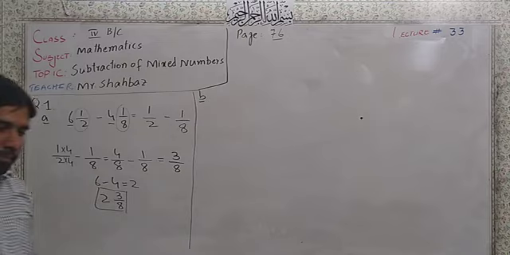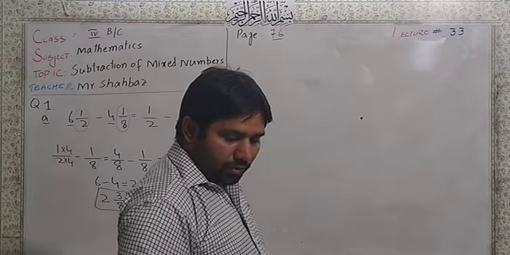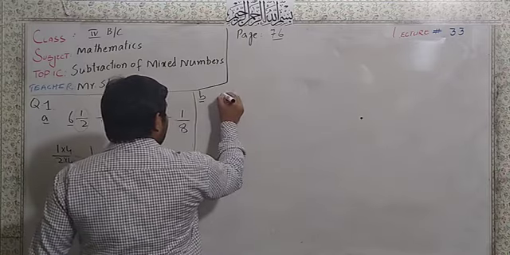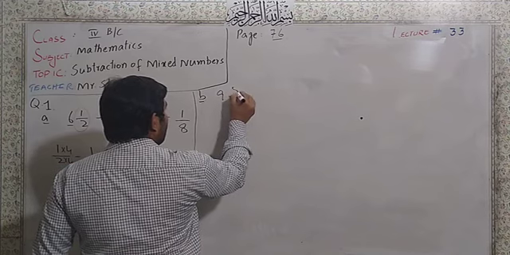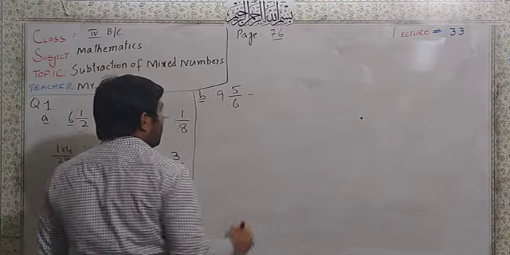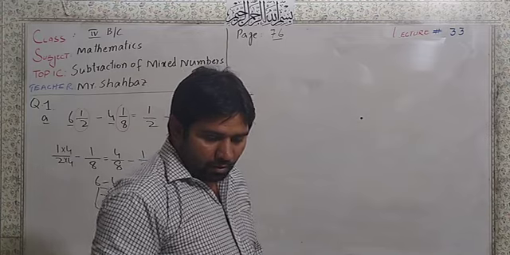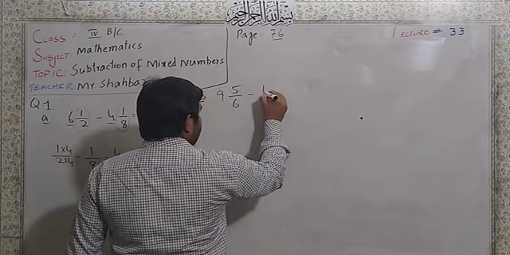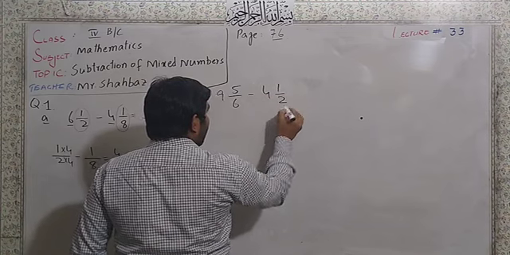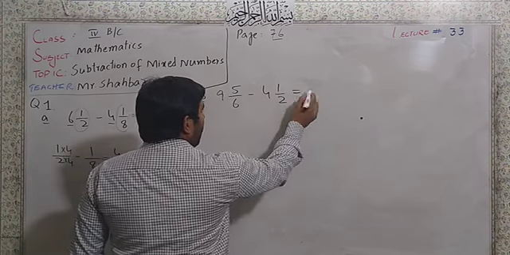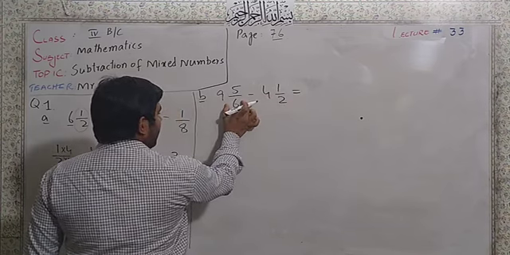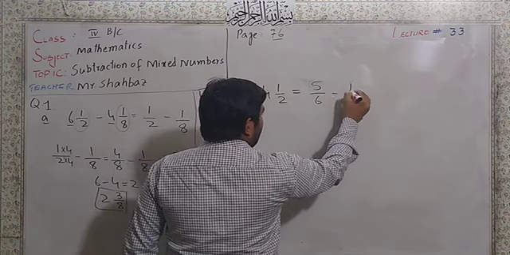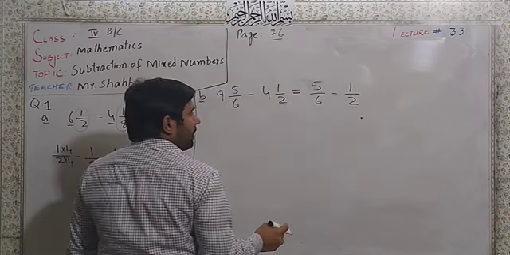Same for part B. In part B you have 9 whole 5 over 6 minus 4 whole 1 over 2. Same, we will take the fractions 5 over 6 and 1 over 2. 5 over 6 minus 1 over 2.